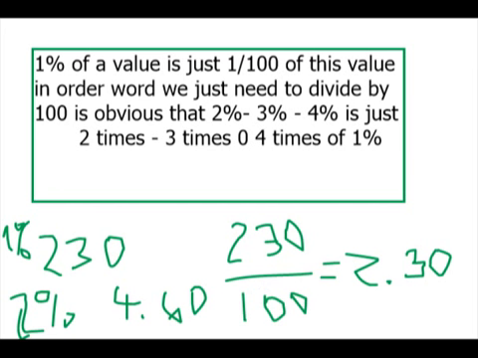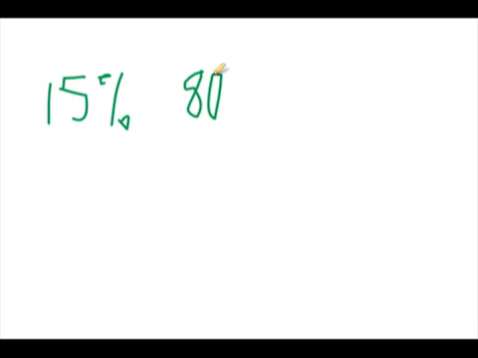If you understand 50%, 25%, 10%, 5%, you can combine them to resolve other problems. Let's say they ask you to compute 15% of 80. I know 15 is 10 plus 5.